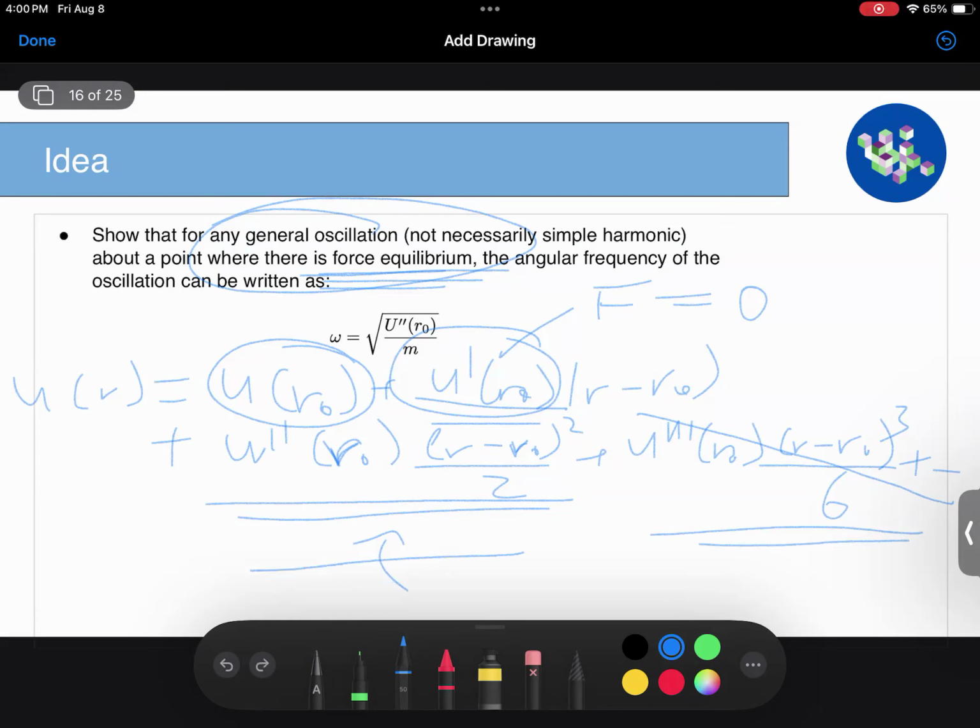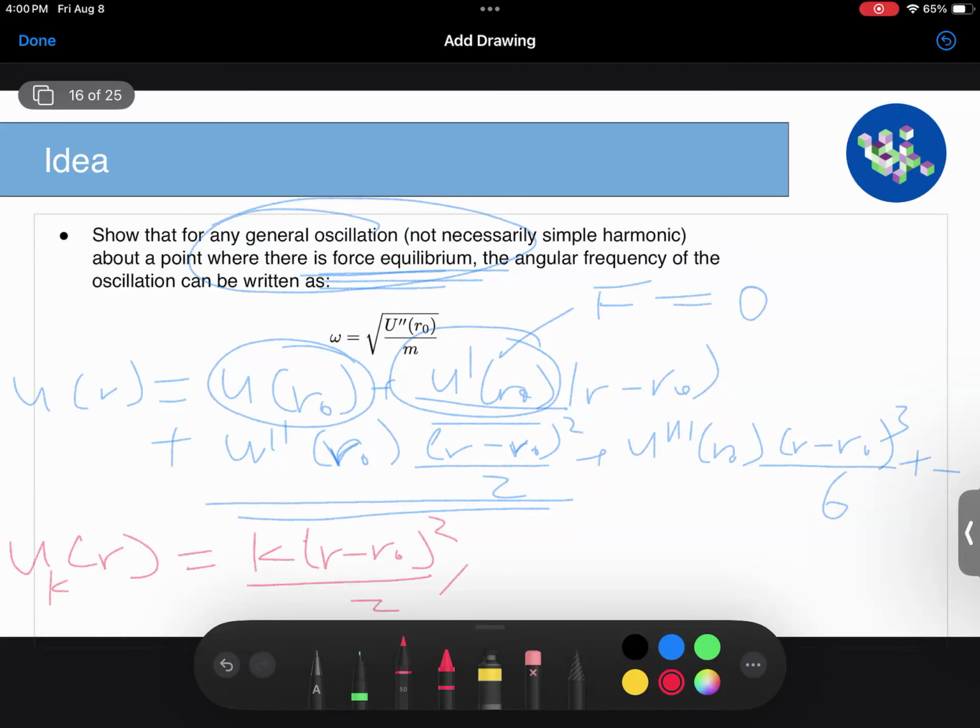Now, looking at the second order term, U double prime(R0) times (R minus R0) squared over 2, doesn't that look oddly familiar to U(R) for a spring, which equals k times (R minus R0) squared over 2? In that case, we have omega equals the square root of k over m. It should look pretty familiar.